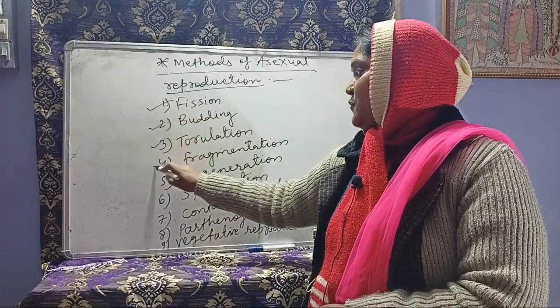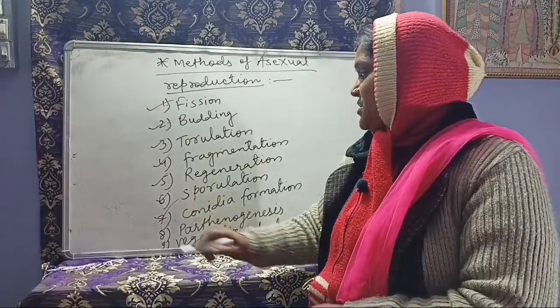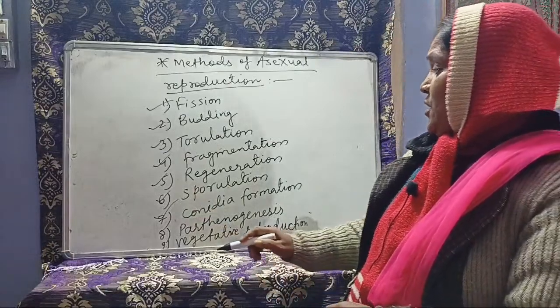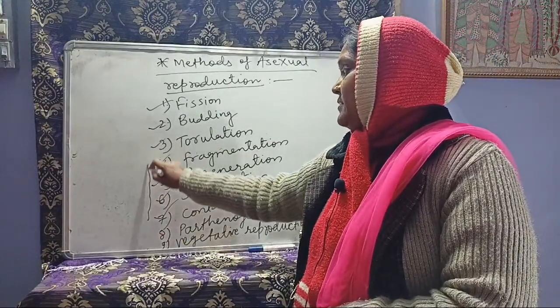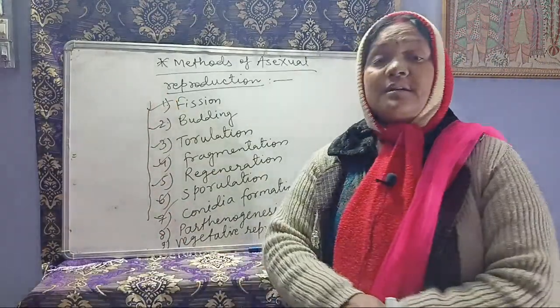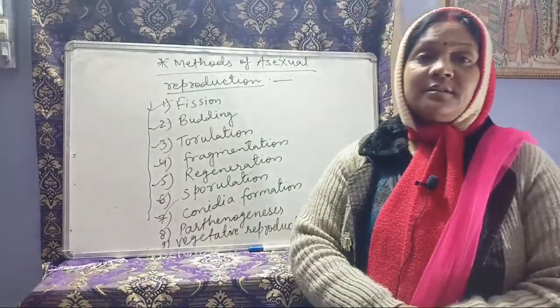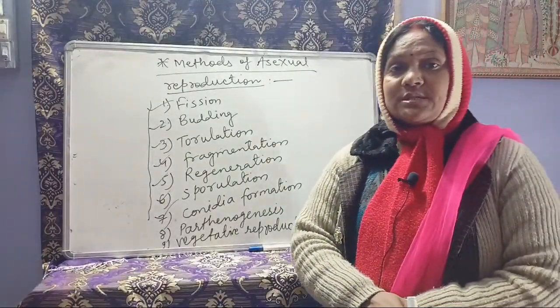Fission, budding, torulation, fragmentation, regeneration, sporulation, and conidia formation take place in lower organisms.